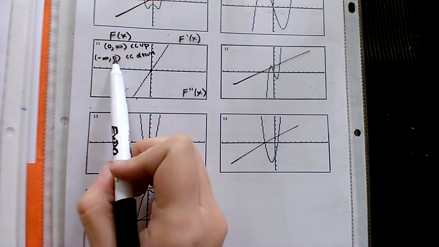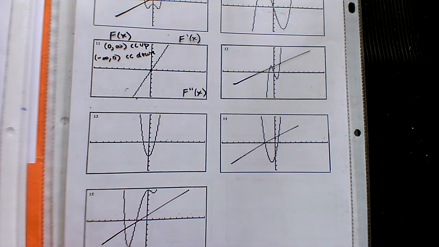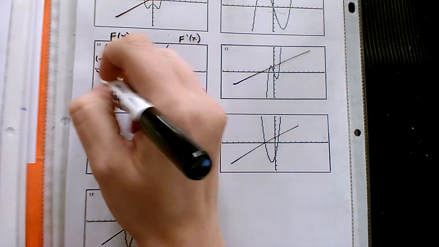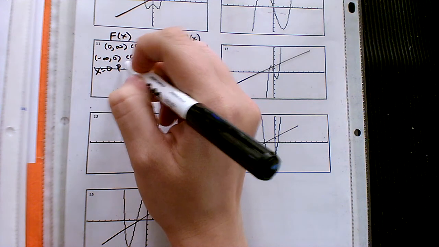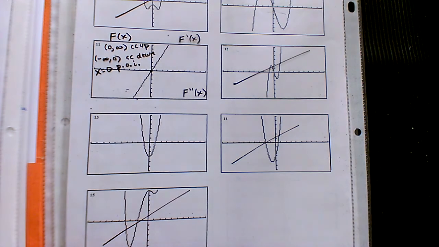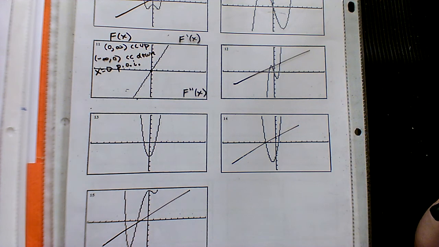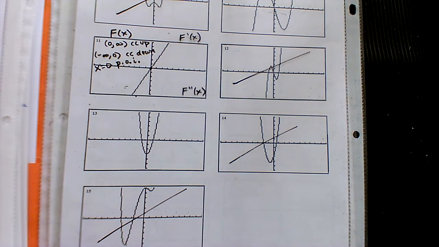Okay, so notice how at 0, you change concavity. You go from up to down. That's our definition of a point of inflection. So x equals 0, POI, point of inflection. So we have PIPs and POIs, possible inflection points and points of inflection. Save me some space from writing them out.